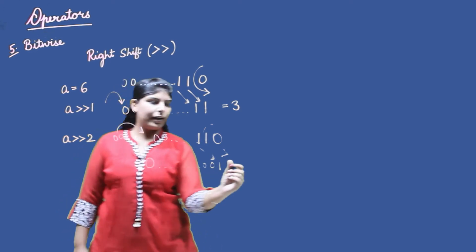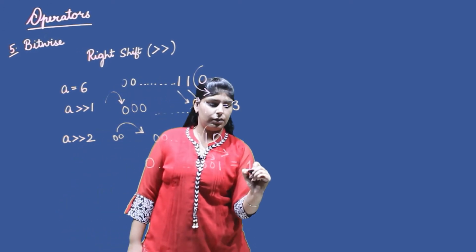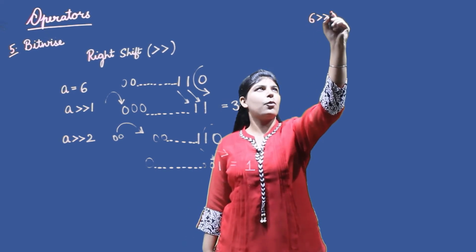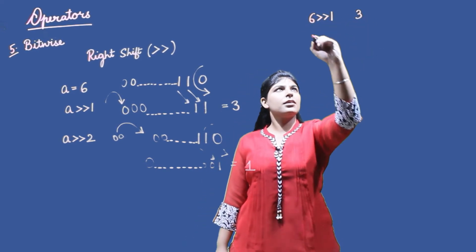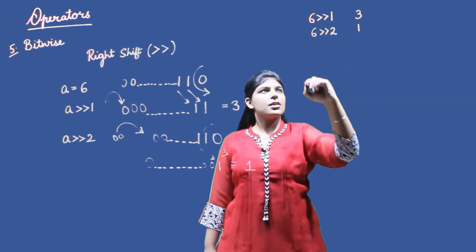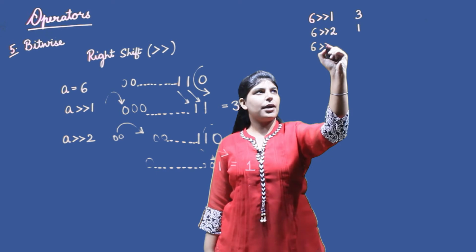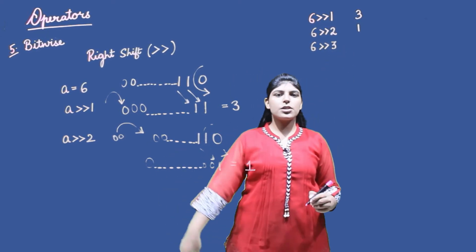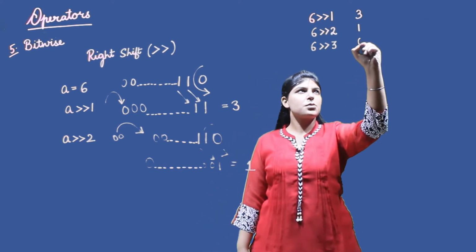So this is equivalent to 1. If we have 6 and we shift it by 1, it becomes 3. If I shift 6 by 2, it becomes 1. Similarly, if I shift 6 by 3, you can see this 1 will also be removed and a new 0 will be added from the left. So this will become 0.